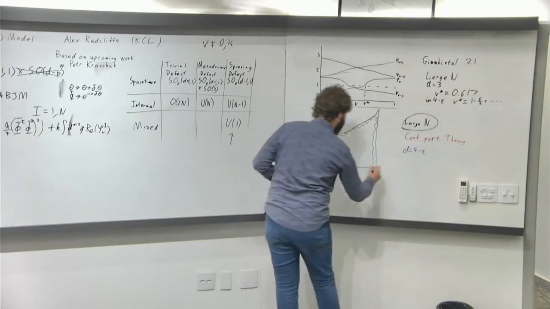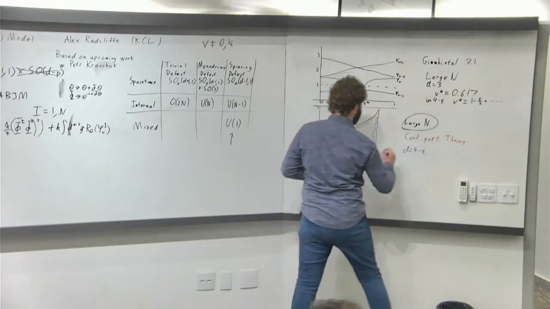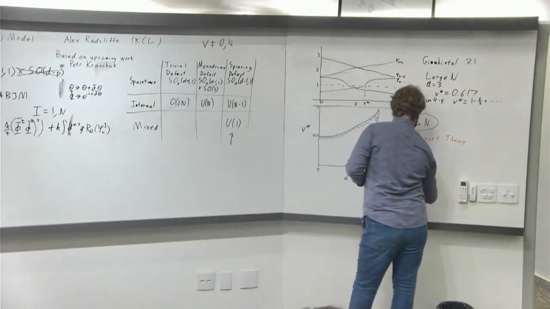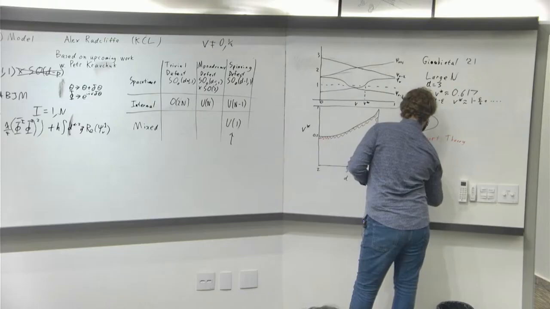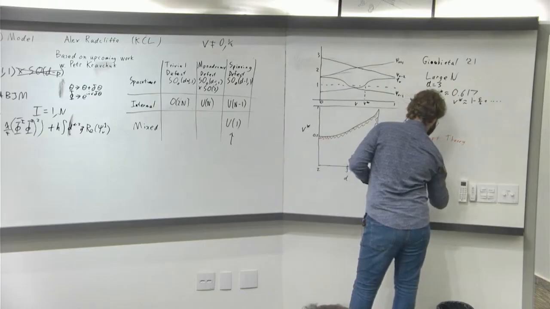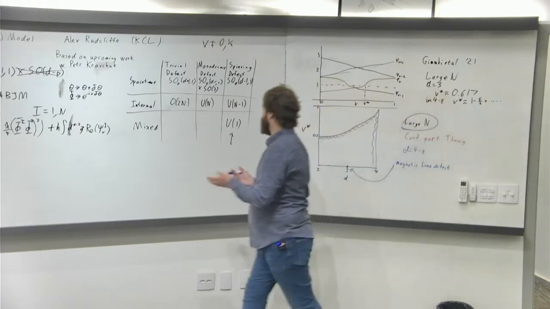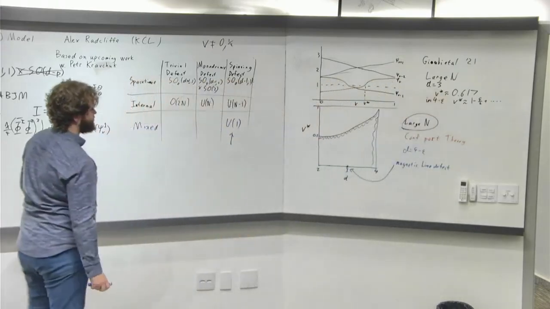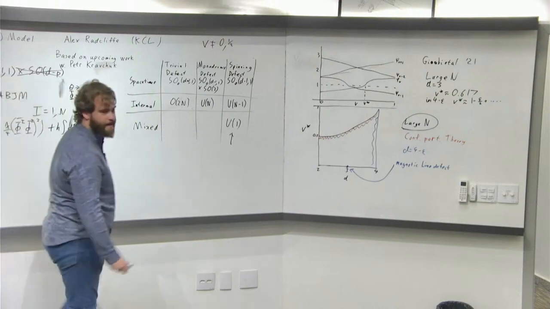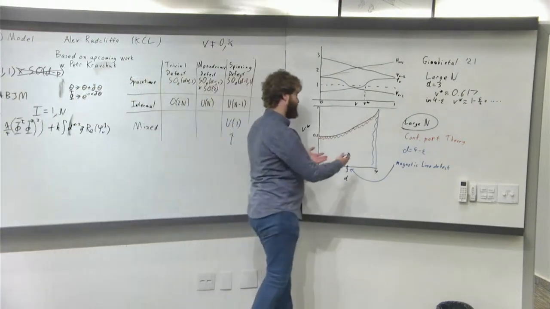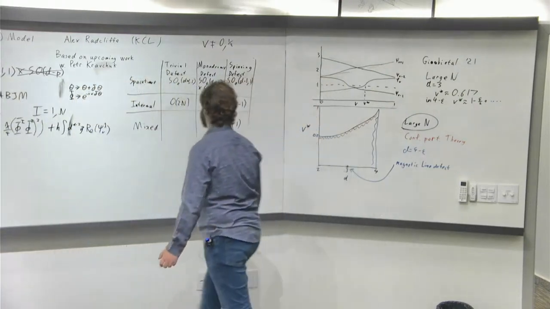And in this case, this is just the magnetic line defect which has been studied by various authors in various cases. And so that's another good check that our method is working well, is to check that our results agree with this.